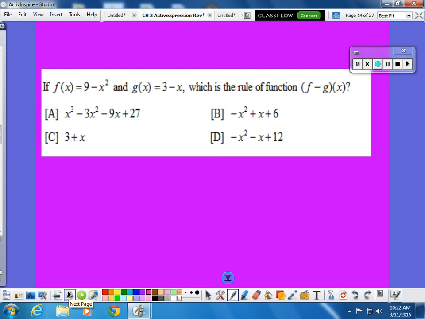Alright. Which is the subtraction? Which is the difference function?